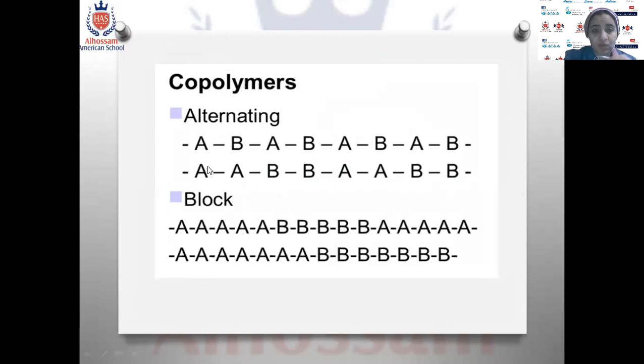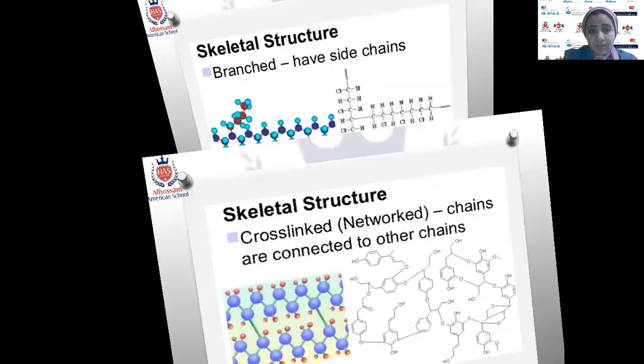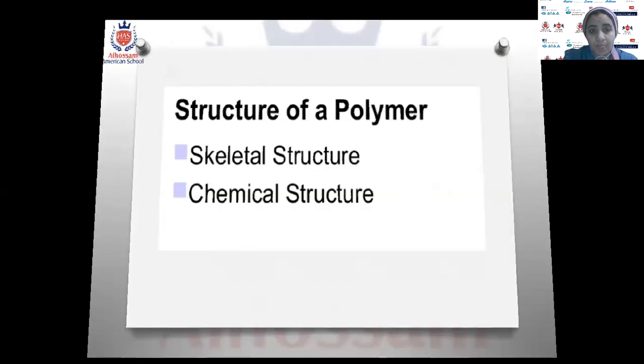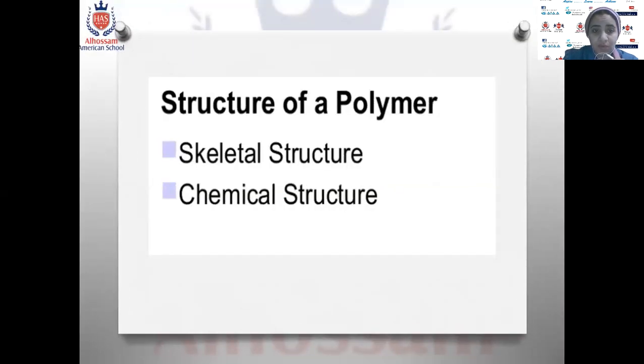Okay, so again, we studied from the beginning the structure of the polymers. Skeletal structure or chemical structure. Skeletal structure, we said it will be linear, branched, cross-linked. Chemical structure, homopolymer or copolymers.